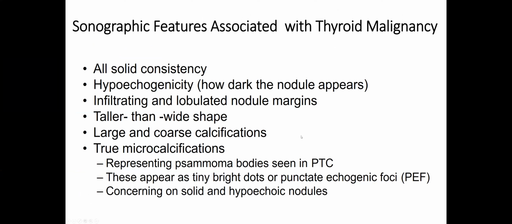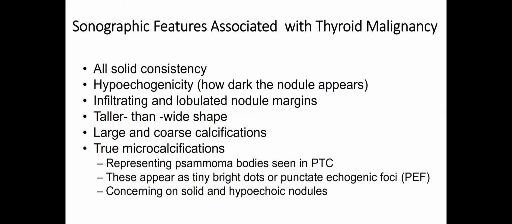Now, not all nodules present with an associated lymphadenopathy or have such clear-cut features. There are features on ultrasound that are associated with thyroid malignancy: solid hypoechoic nodules, nodules which are infiltrating, taller than wide, large and coarse calcifications, and true microcalcifications.